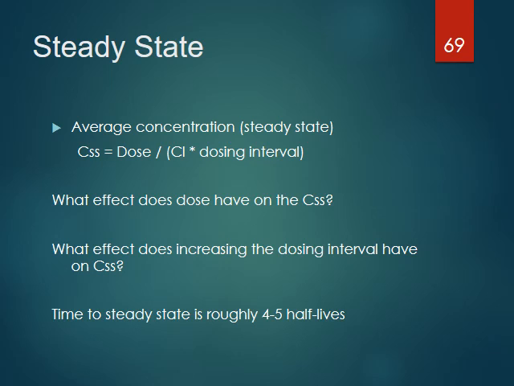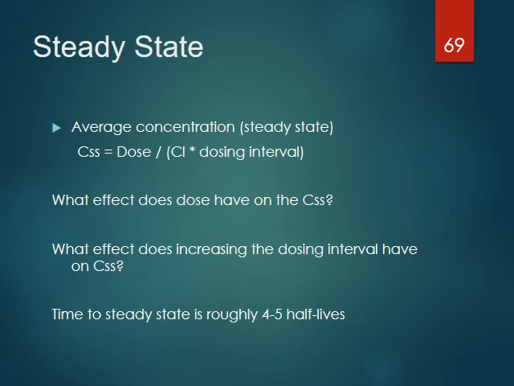So since we know that steady state concentration is going to equal our dose divided by clearance times our dosing interval, what effect do you think that changing the dose would have on the steady state concentration? So if I were to give a higher dose, based on this calculation, you would see that, okay, well, that makes sense. I would have a higher steady state concentration.